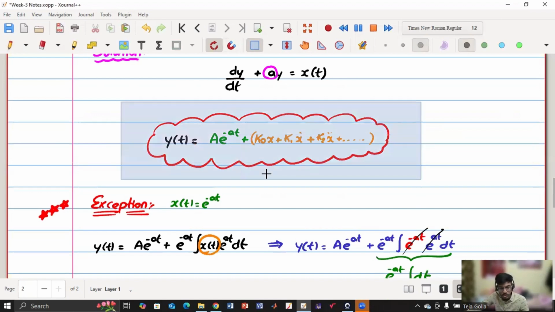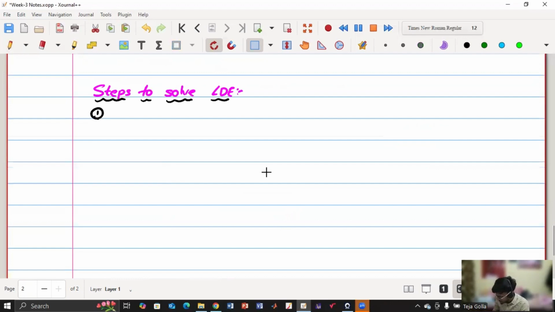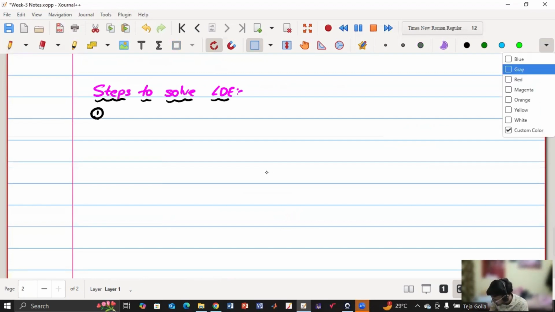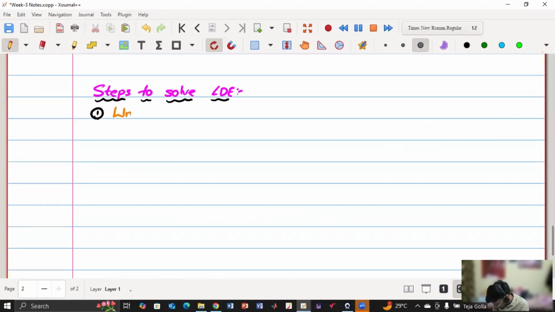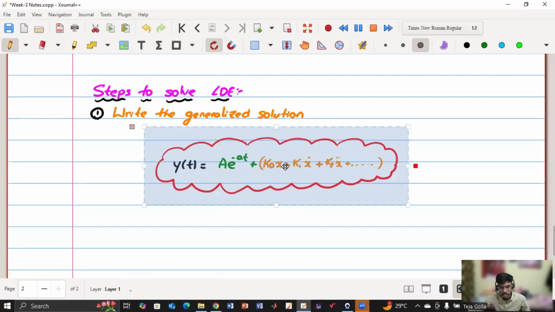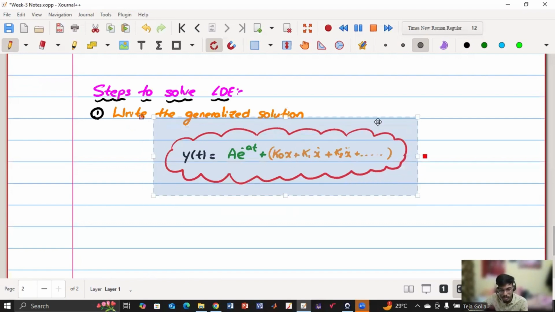For a given differential equation, first you have to write the generalized solution. Once we have written the generalized solution, then we will solve for the equation.